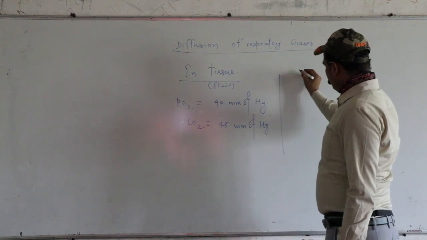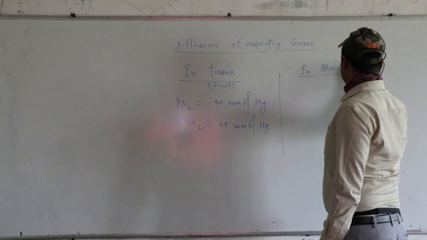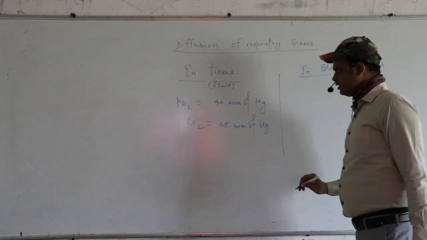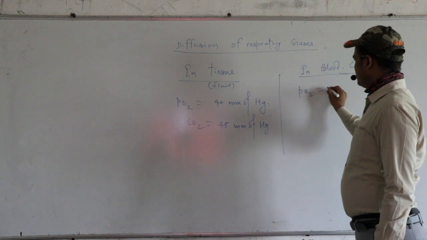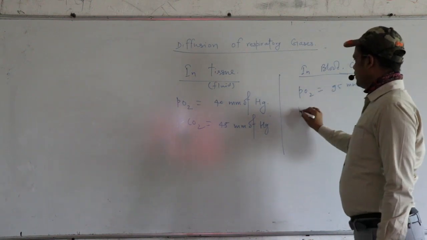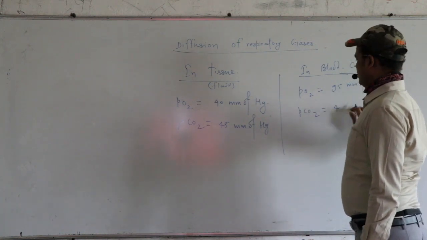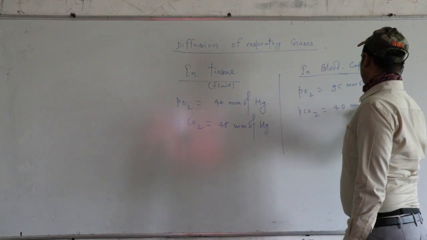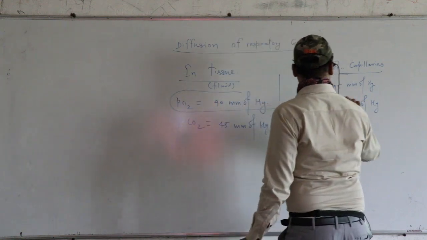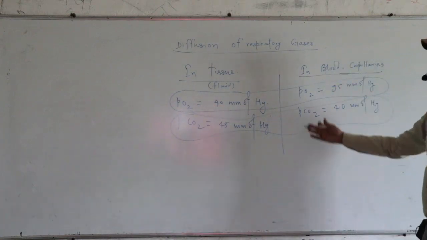Now, in blood capillaries, the partial pressure of O2 is 95 mmHg and of CO2 is 40 mmHg. So you can easily determine the difference in partial pressure which creates the potential.